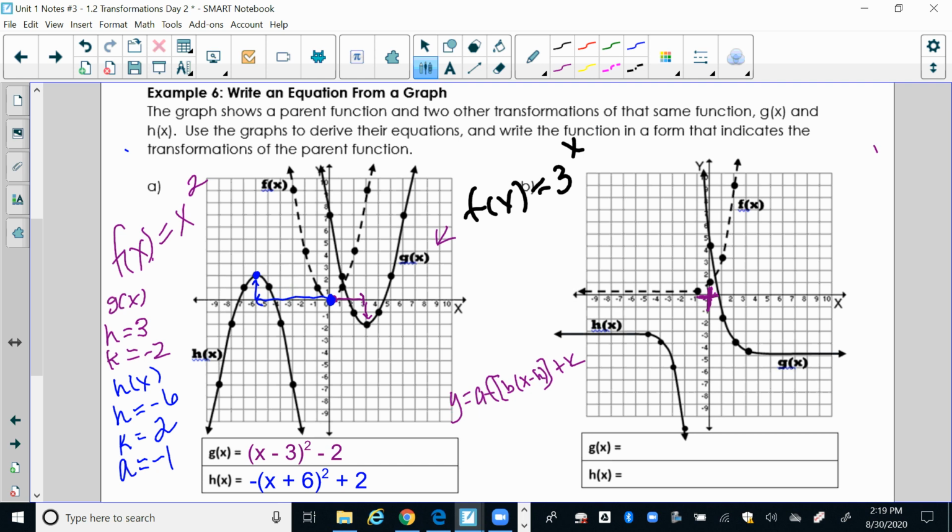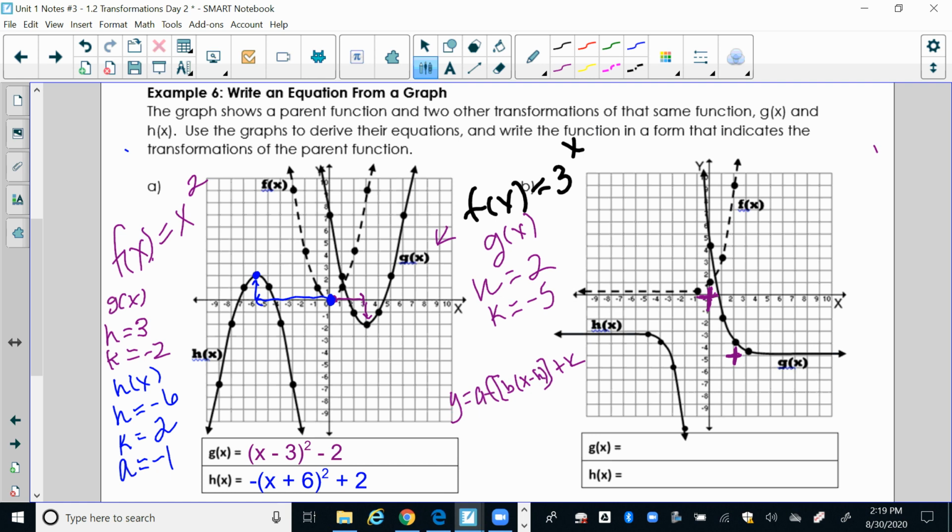In this case, it looks like my x and y axis got shifted here. I'm just looking at the shape of f of x compared to the x and y axis, and then for g of x, where would the x and y axis be? So for g of x, we have a translation right 2, so our h value is 2. And then we have a vertical translation down 5, so our k value is -5.